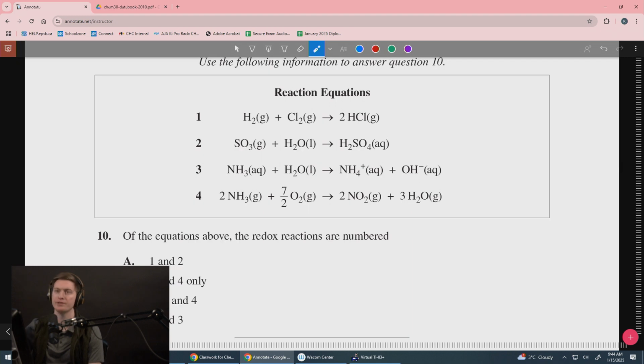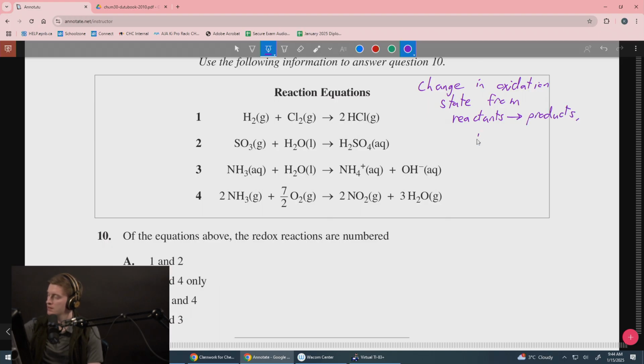The way that we're going to figure this out is by assigning oxidation numbers, and if there is a change in oxidation state from reactants to products, it is a redox reaction.